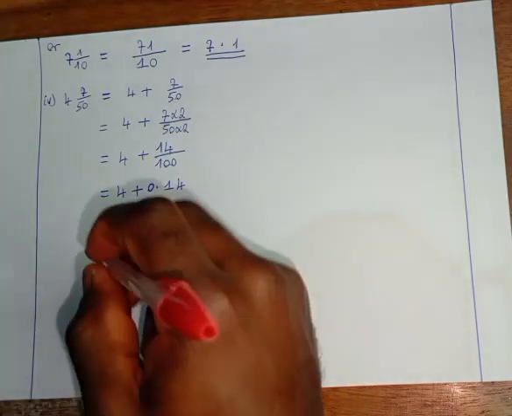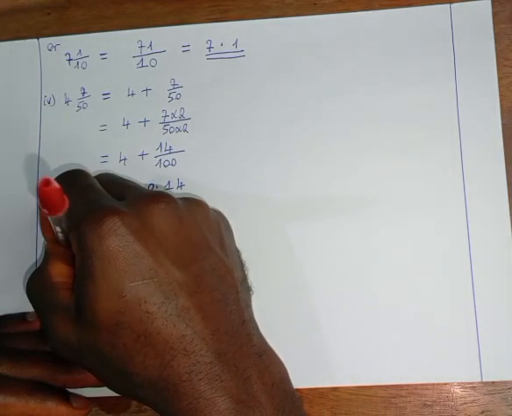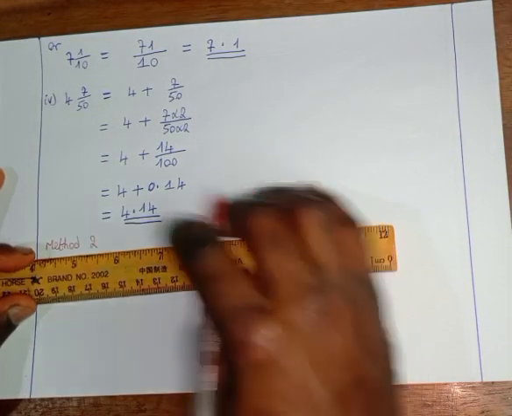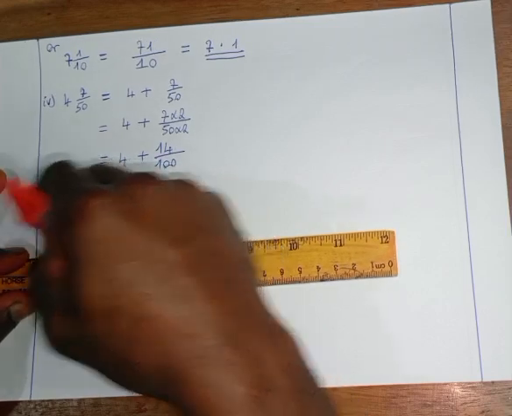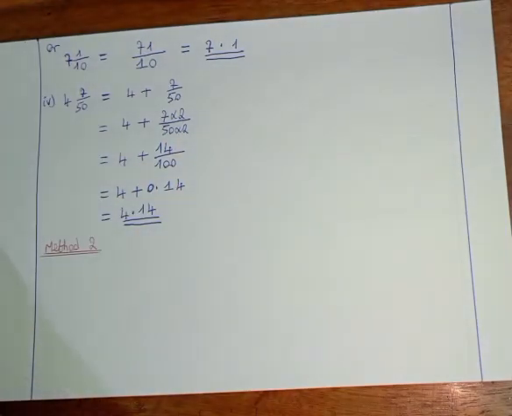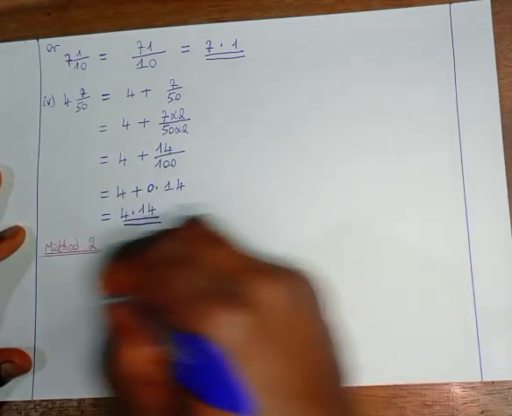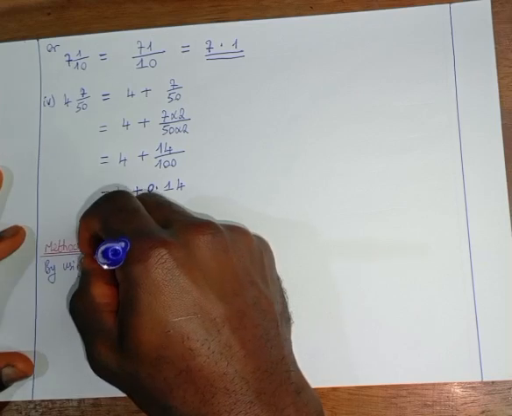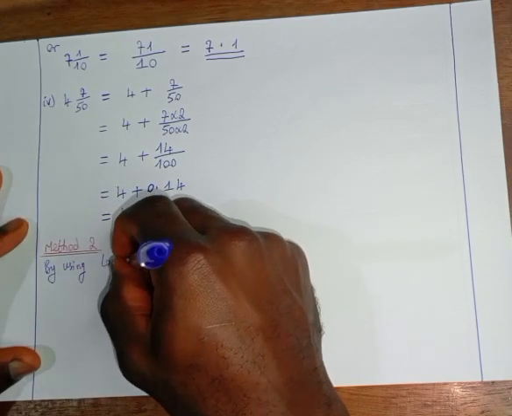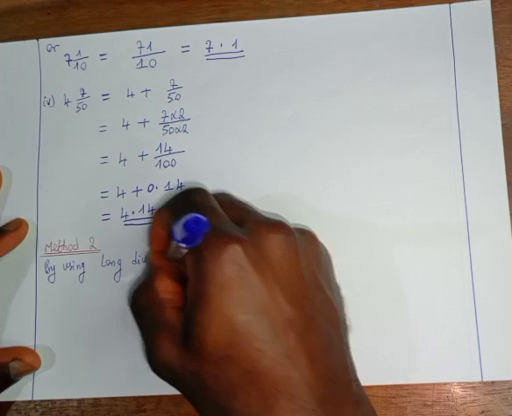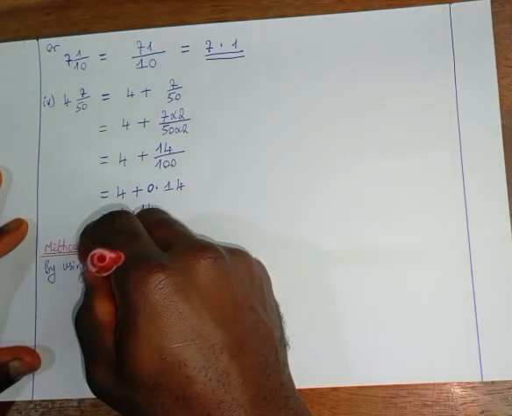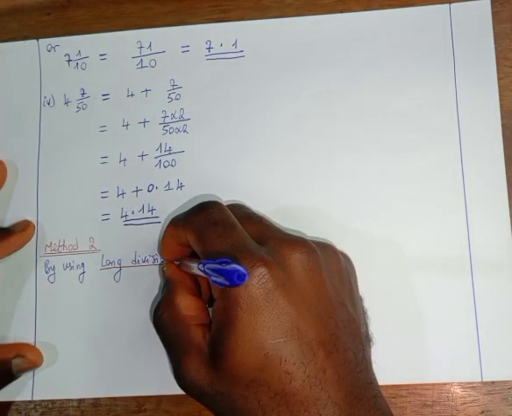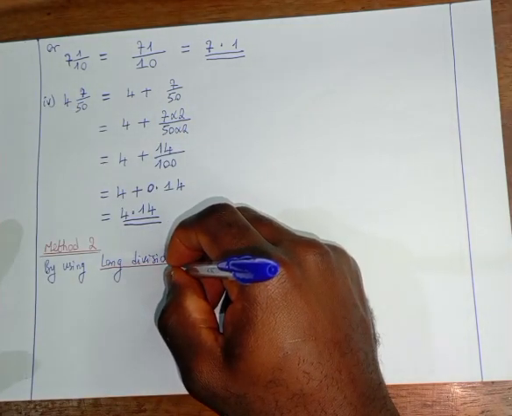Now let's look at the second method, method 2, how we can change a fraction to a decimal number. Method 2, by using long division. Underline long division. It's not the first time we are seeing this. We saw this when we treated the division of natural numbers, division of integers.